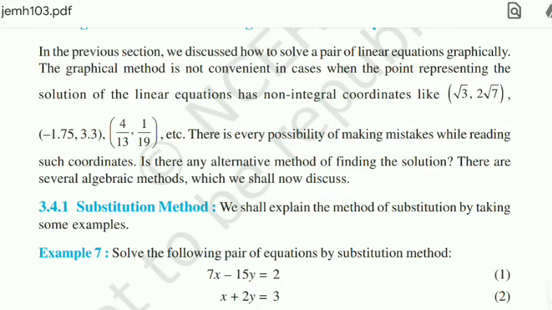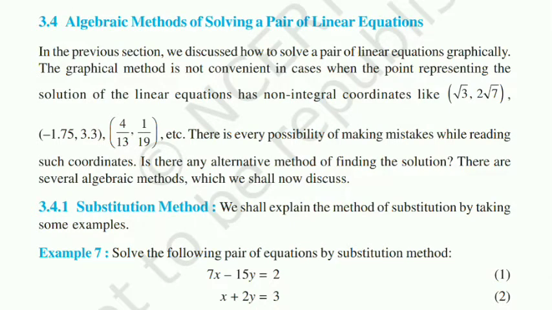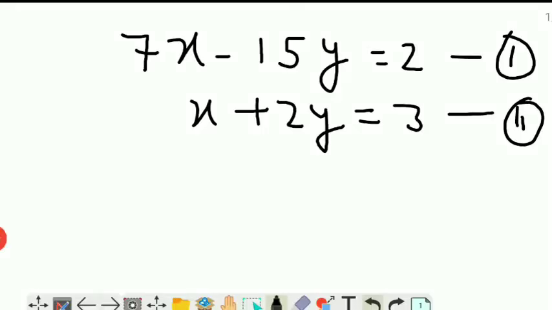These numbers are coming, so we are unable to represent them easily on a graph. We can represent them, but it takes too much time and is too complicated. That's why we will use the substitution method and elimination method. Okay students, first we will learn the substitution method.